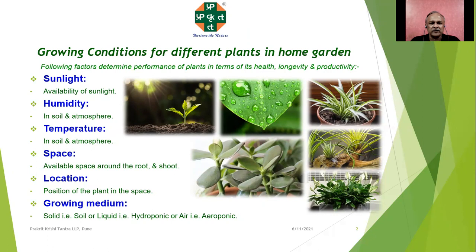We have to ensure that sufficient humidity is there in the atmosphere according to the requirement of the plant, and sufficient moisture is available in the root zone of the growing medium, whether we are growing the plant in a pot, in a container, or in open space in soil directly.